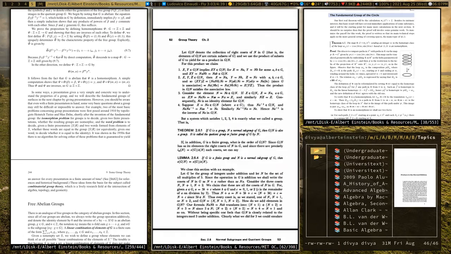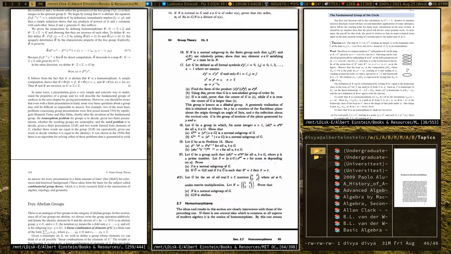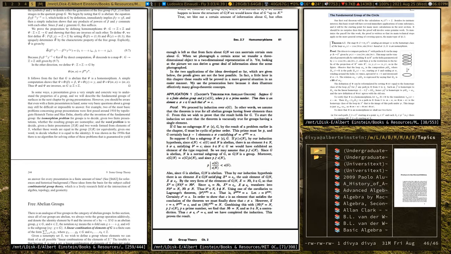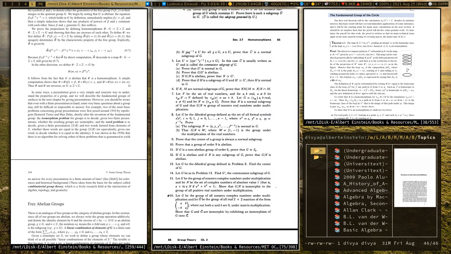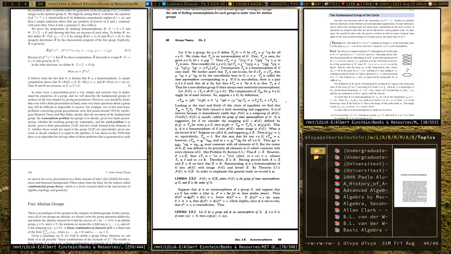The normalizer of P is bigger than P in general, and the center of P would be down at the bottom, above 1.